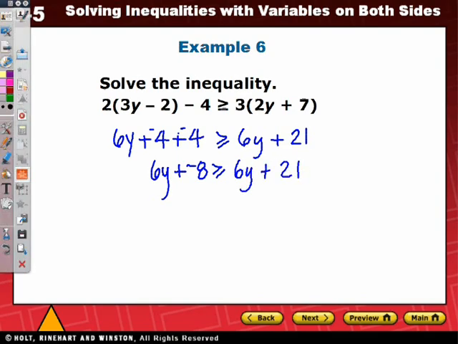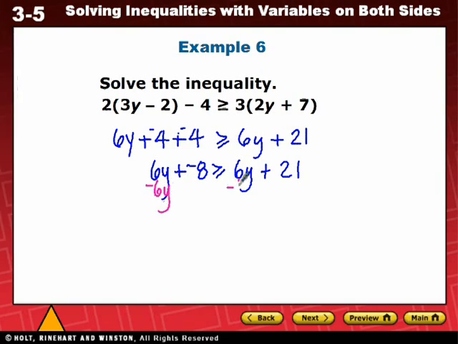Now this is the part where a lot of you got lost on the test. First of all, a lot of you added instead of subtracting, or subtracted when you should have added. So yes, it's the opposite sign, and then they really do all cancel out, and you're left with, in this case, negative 8 is greater than 21.